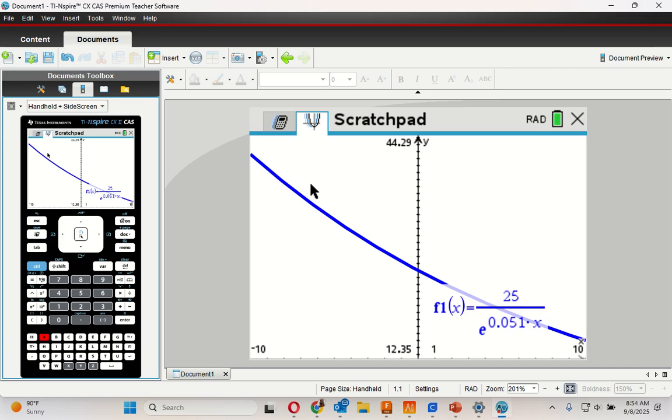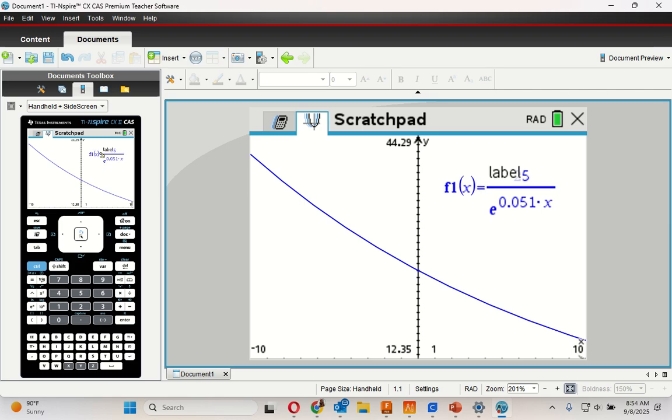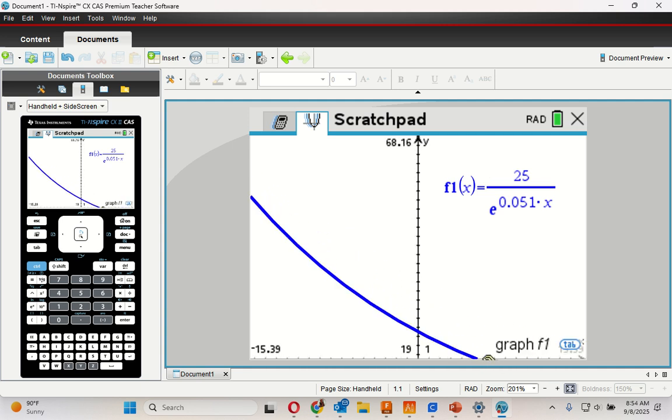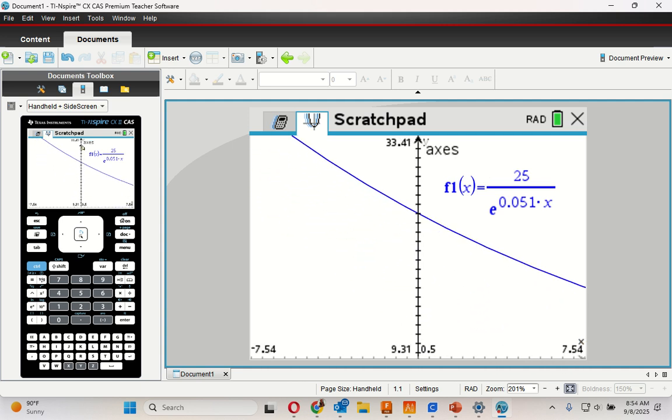I did a zoom fit just so I could actually see this. So what is happening as I keep going that way? So the denominator is going to keep getting bigger and bigger and bigger, isn't it?